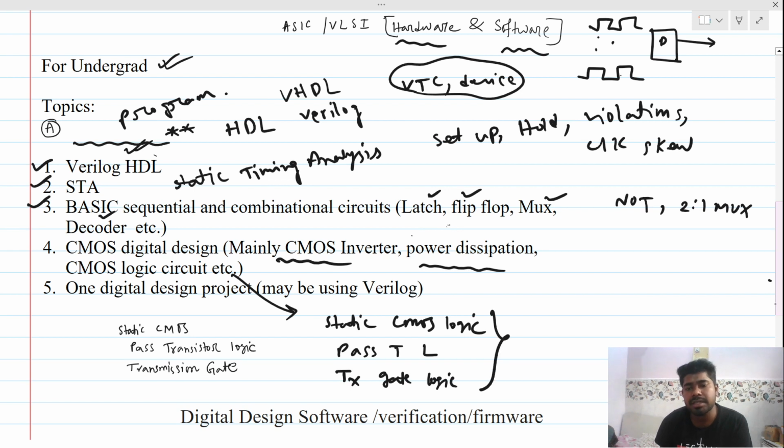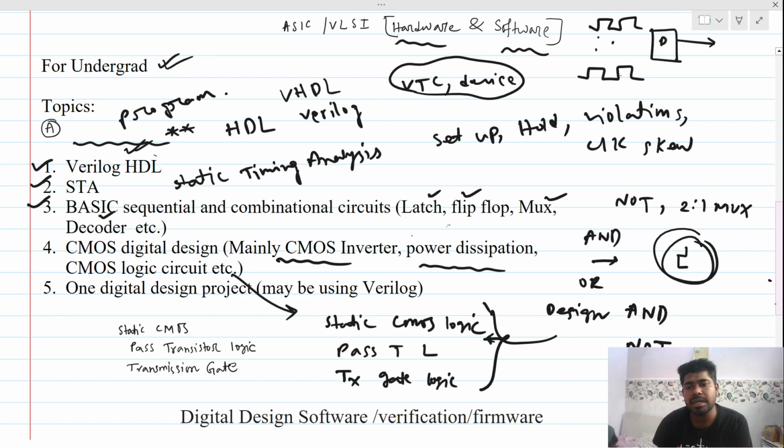For every logic family you will be asked to design an AND gate or NOT gate or any other gate using this logic. Or you can expect a question where you have a digital circuit and are asked what the logic is, like AND logic or OR logic, etc. This type of question you will be asked in the interview and the online screening test as well.